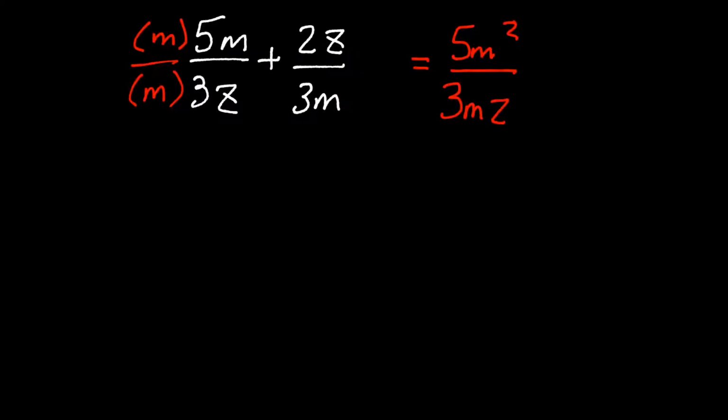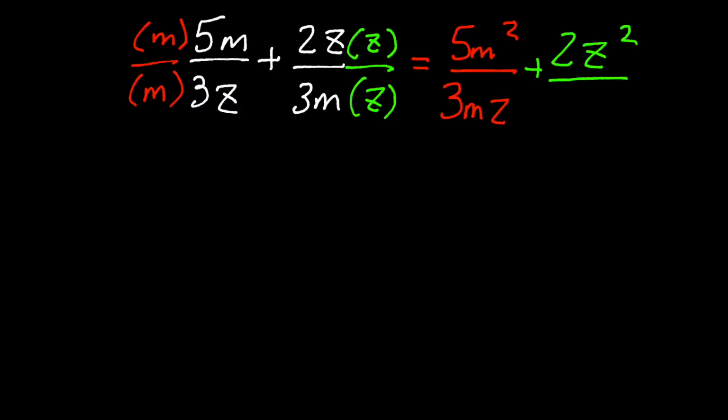So we're going to take the z from this denominator and multiply the top and the bottom by that z. And that's going to give me 2z squared over 3mz. And now I have a common denominator.